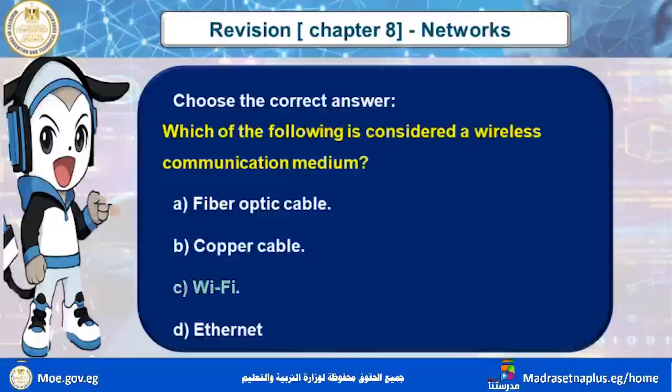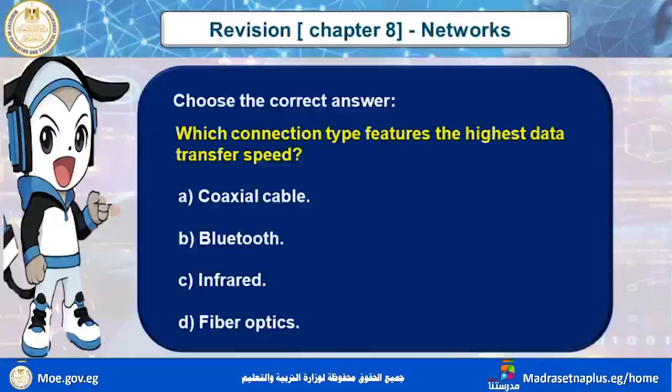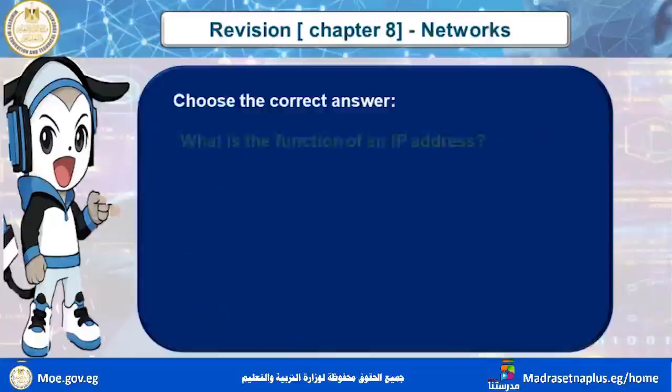Of course not, it's Wi-Fi. Choose the correct answer. Which connection type features the highest data transfer speed? Coaxial cable, Bluetooth, infrared, and fiber optics. What do you think? Yes, correct. It's fiber optics.